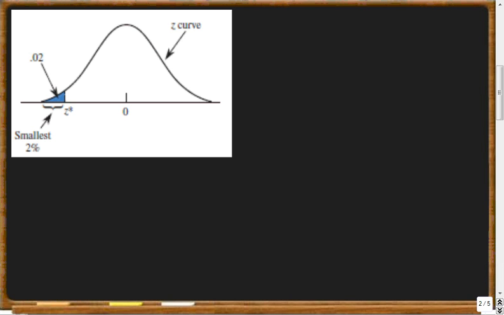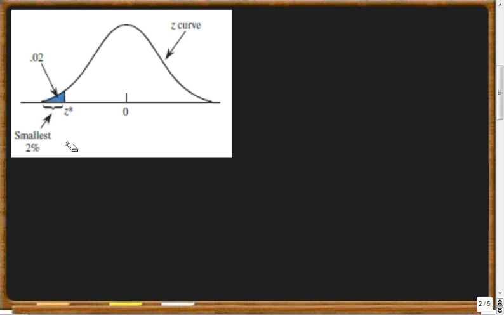Now, what if they asked, what z-score gives me the smallest 2%? So look at this graph. We don't know what the z-score is. We don't know what our lower and upper bound necessarily are. What we know is that we are encapsulating the smallest 2% of that.